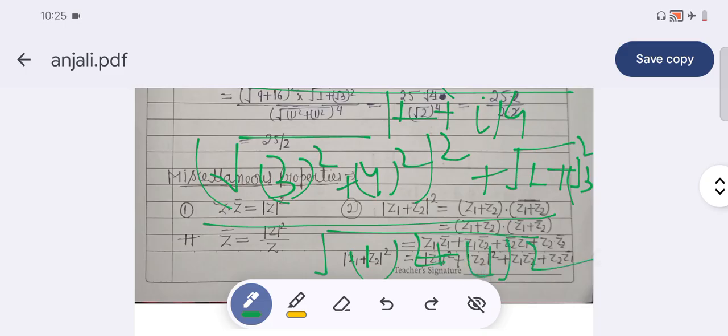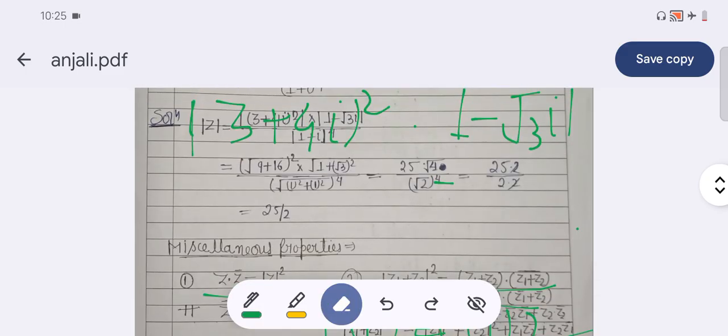It is clear. The value of 3 square is 9 and the value of 4 square is 16. So 9 plus 16, into 1 plus root 3 square, which is 3, upon 1 plus 1. It is clear? 2.